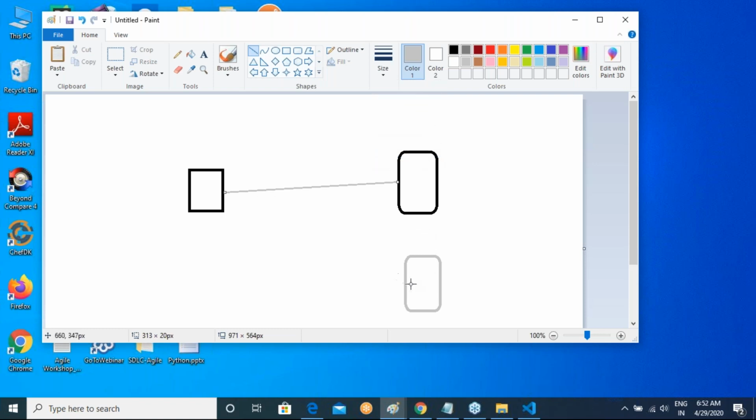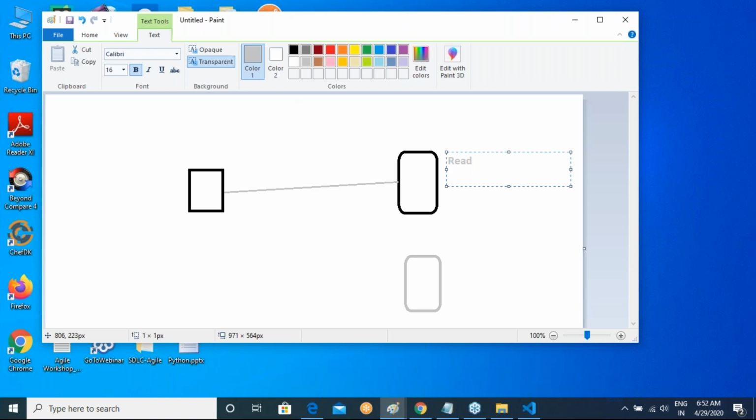This database can do read and write, and that database can do read only, because this is the primary database and that is considered the secondary database.